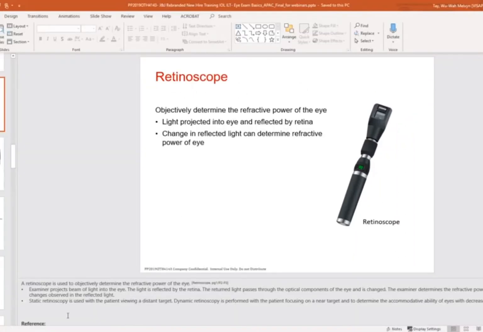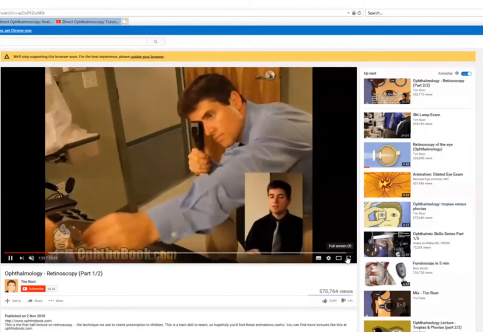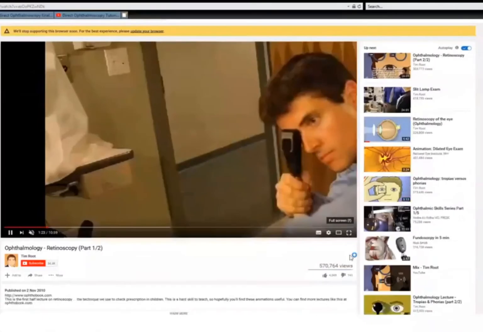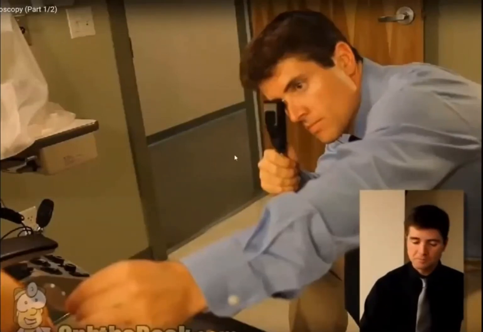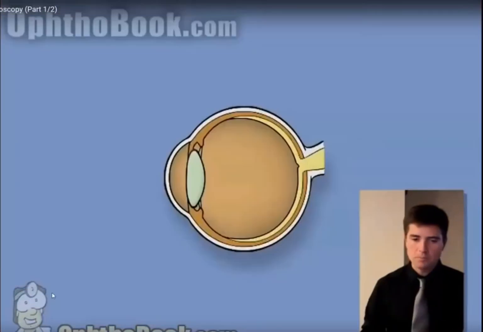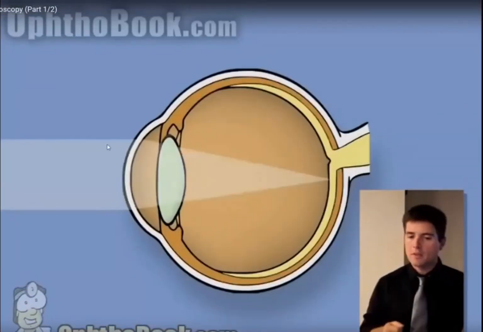So how this works is using a slit of light and shining it into the patient's eye. I'm just going to show you a video that demonstrates it. So basically he's going to hold a retinoscope here, and then he's going to shine a slit of light into the patient's eye, and then he's going to move that slit of light sideways from side to side.